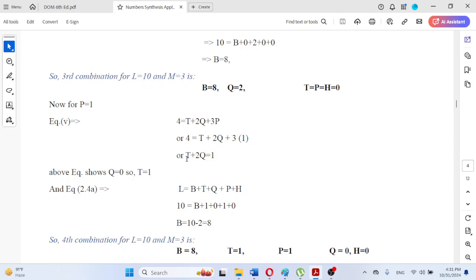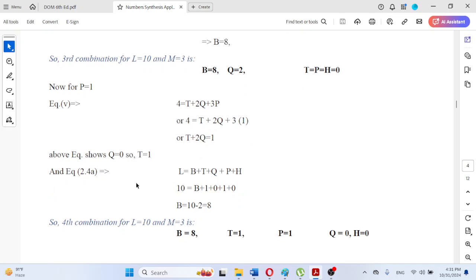So again we will be starting from the highest order link, which is the quaternary link. In this equation, two links are connected, so the quaternary link can assume 0 value. For example, the above equation shows that Q is equal to 0 necessarily, because Q can only adopt 0 value.